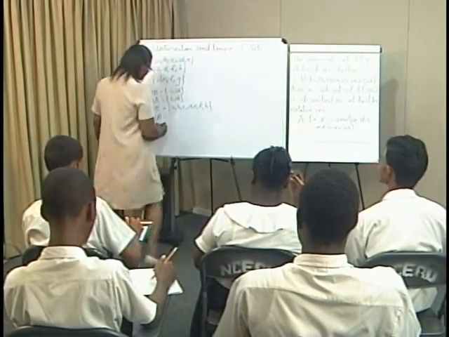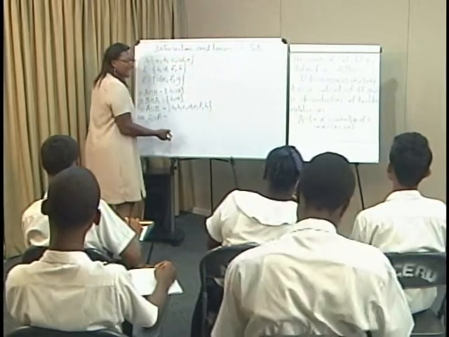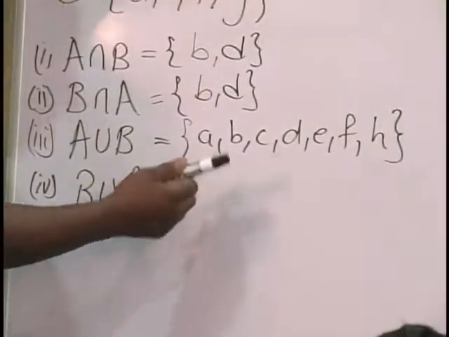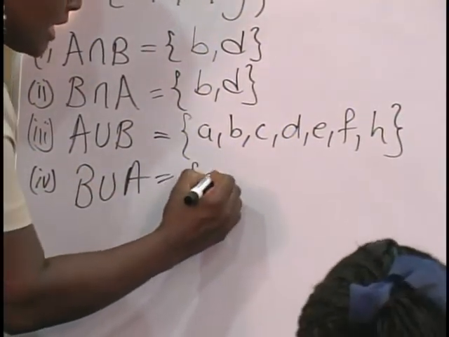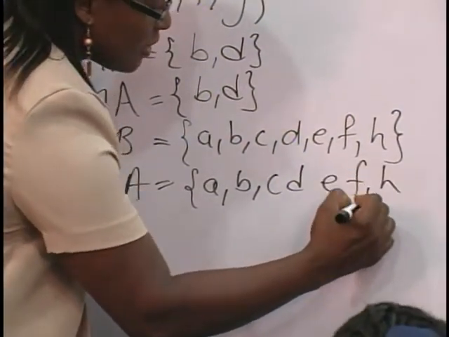Yes, Videli. I see you have an arrow from here pointing up there. So that tells me that whatever you have here is the same thing that's coming down here. Good. So we find that B union A also resulted in A, B, C, D, E, F, and H.